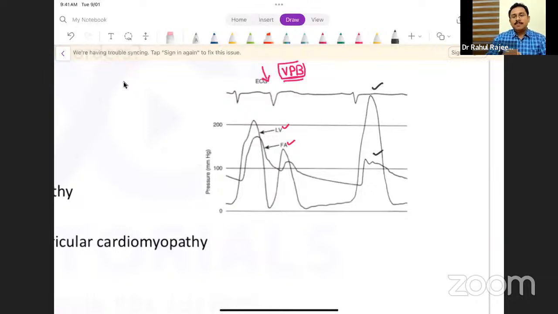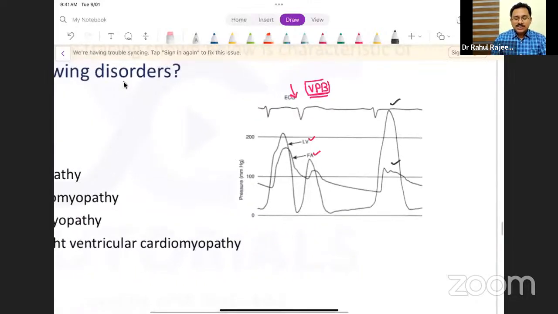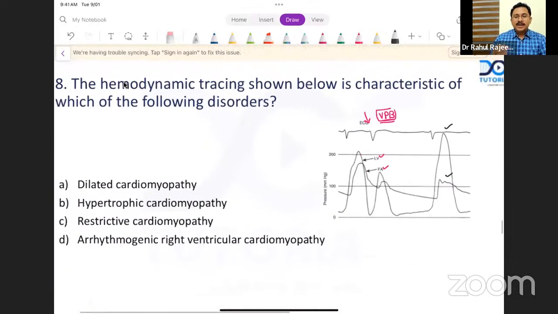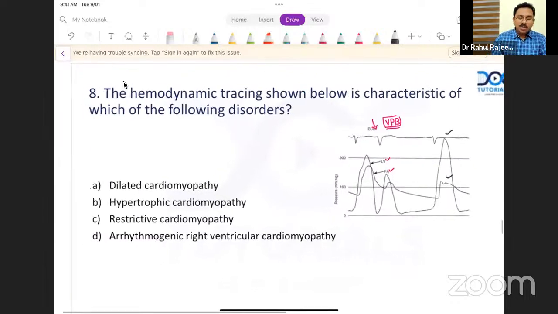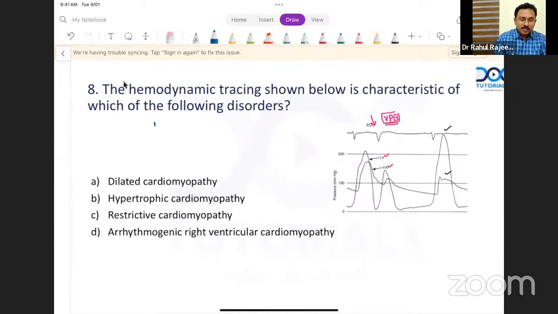Now, this is actually a paradox in comparison with other conditions like aortic stenosis. This phenomenon, where following a ventricular premature beat there is a paradoxical fall in the pulse pressure, what is it known as? This phenomenon is known as the Brockenbrough-Braunwald-Morrow phenomenon.